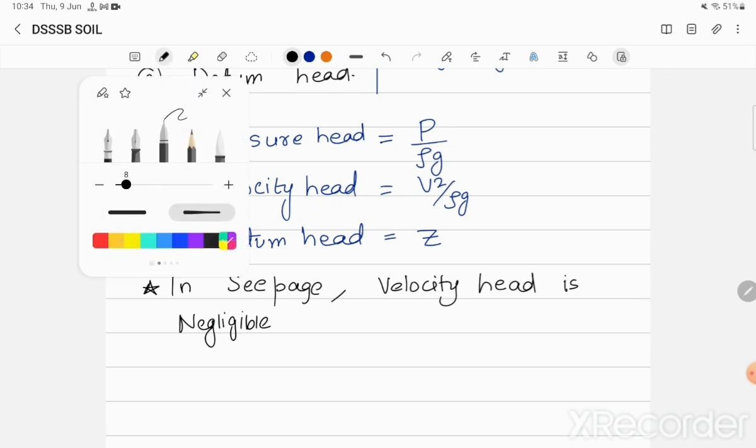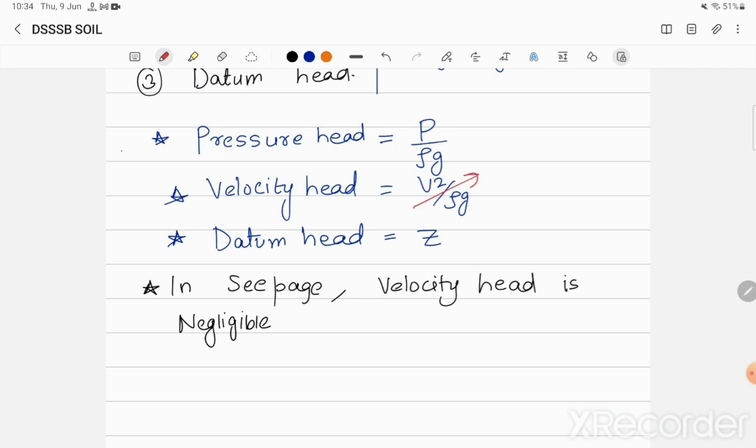Hence, this parameter is taken as 0 or neglected, since the speed with which the water flows through the soil in seepage, its value will be around 10 to the power minus 4 meter per second, or maybe even less.